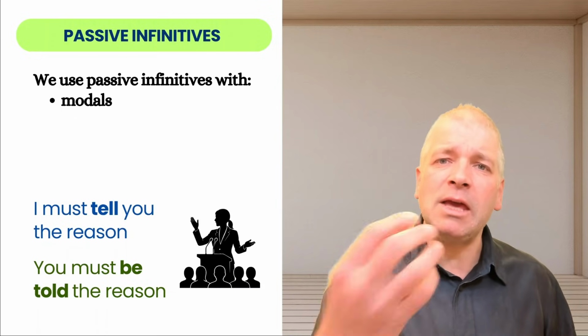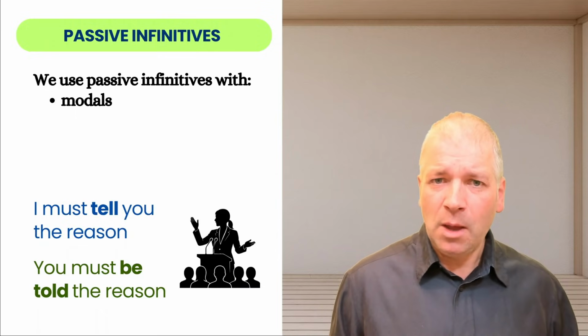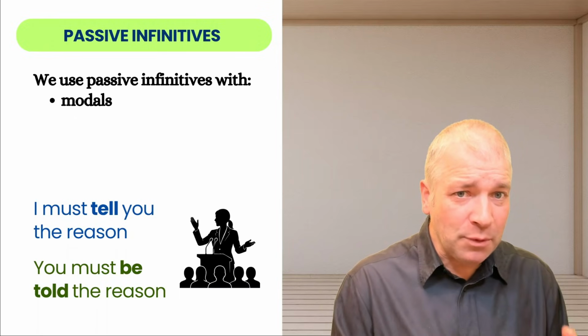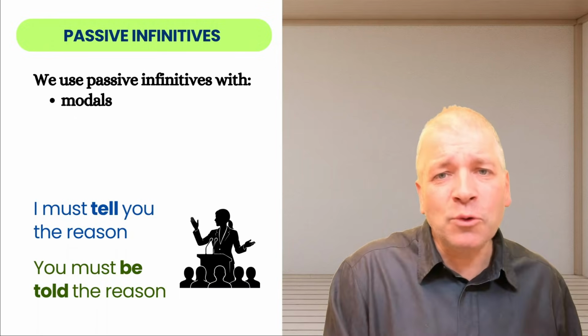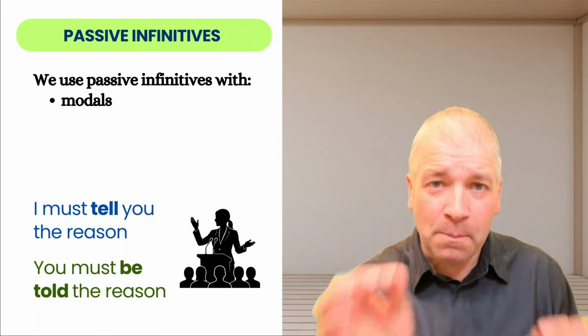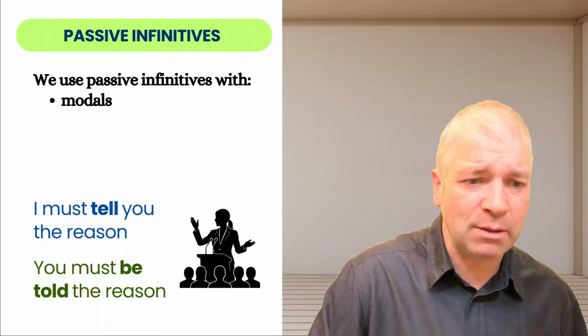You must receive the reason. You must receive the story. But because we have must, the modal verb, in front of the passive form, modals are followed by infinitives. So be stays in the infinitive form here. You must be told the reason.